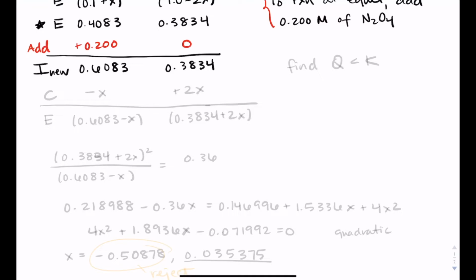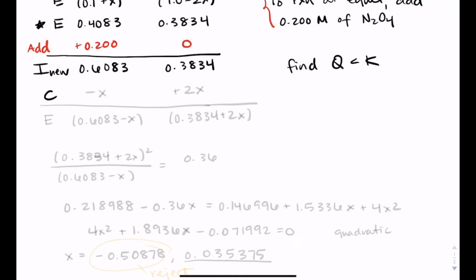If the conditions are 0.6083 molar and 0.3834 molar, what you should find is that Q is less than K. Try this if you need to convince yourself. Calculate Q, compare it to 0.36, and Q will be less than K, which means your reaction has to move to the right.